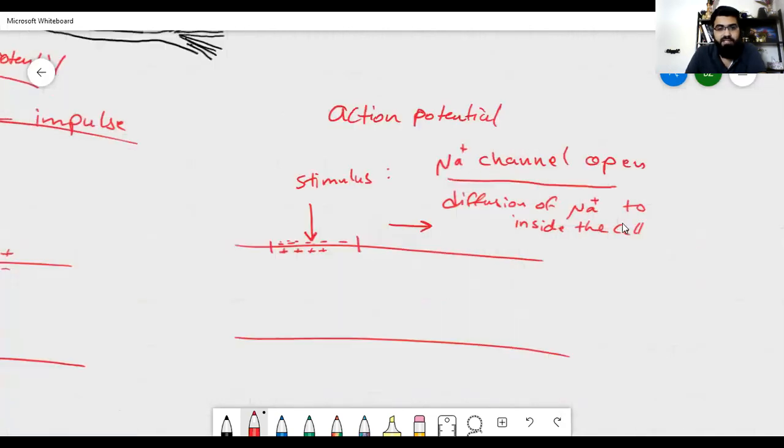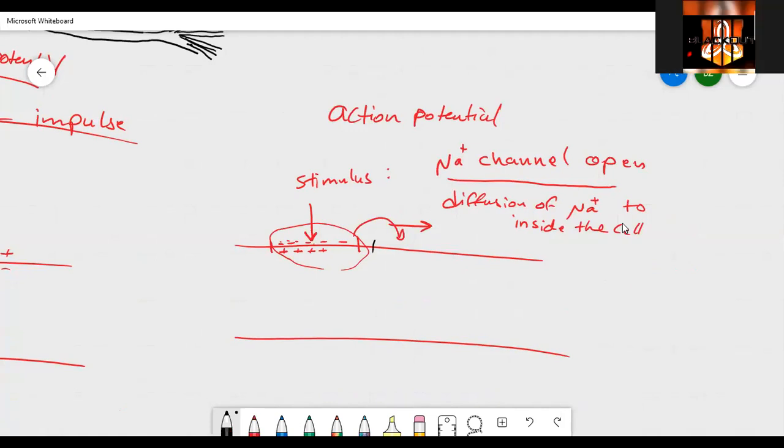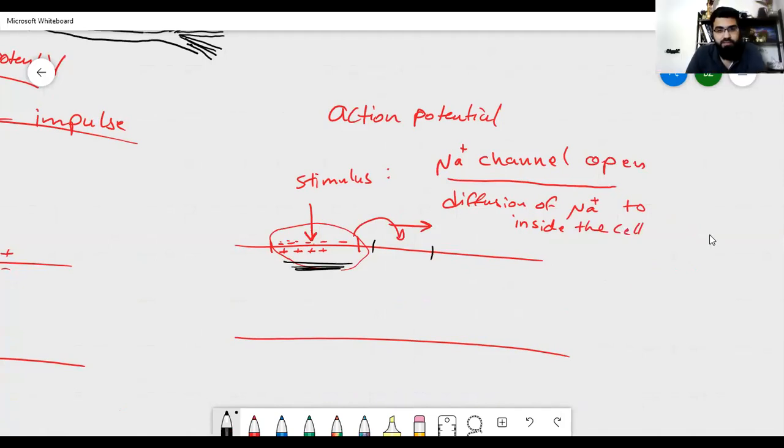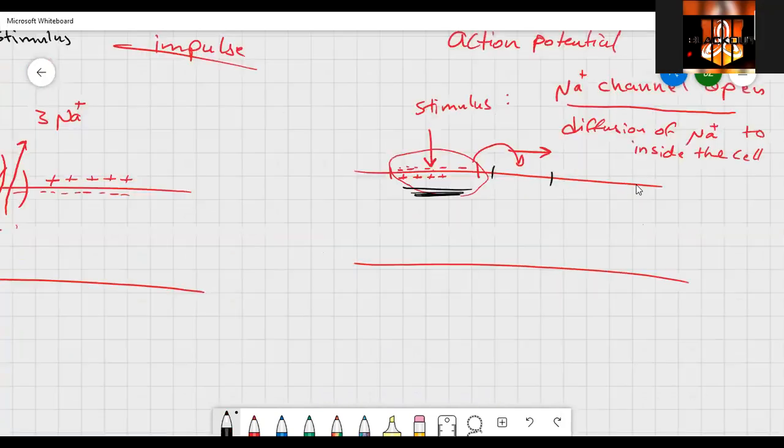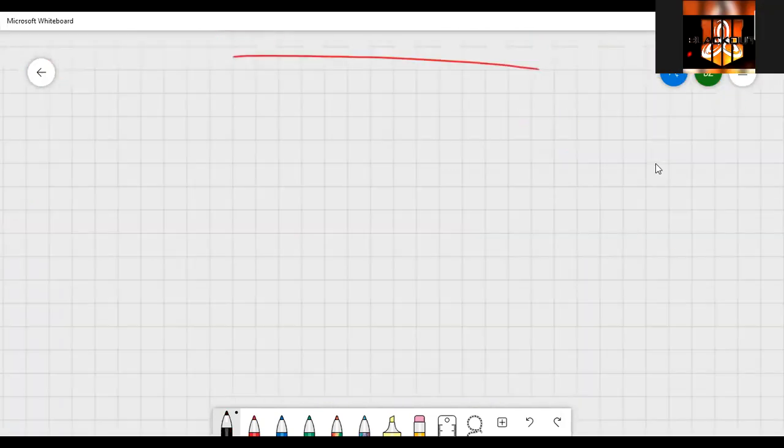We said this action potential here, this exchange of charge in this area, triggers the next area to do action potential also. So the next area will get action potential, and this area, the previous one, will return back to make the re-resting stage.